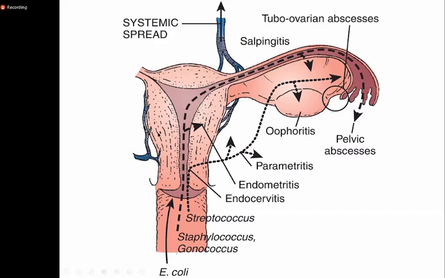And if there is abscess formation, then we'll have either a tubo-ovarian abscess or pelvic abscesses. So this is also a schematic diagram. And of course, from pelvic inflammatory disease, you can end up with systemic spread and systemic sepsis.